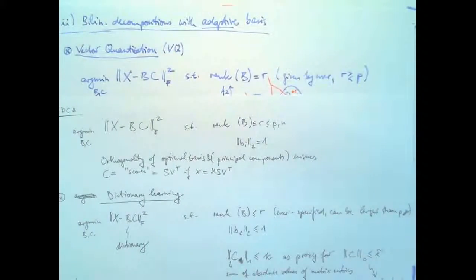So amongst the ones that I've shown here, PCA is the oldest. It's been around for close to 100 years. Vector quantization was studied intensely in the 60s, where it started to be used for telecommunication, to compress signals for telecommunication. And then ICA came, let's say, in the 90s.